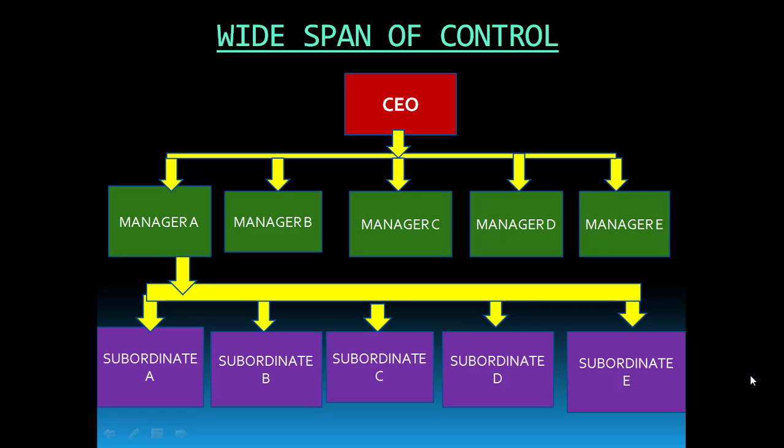So here the span of control is 5 because the CEO is managing 5 subordinates under him. The subordinates for the CEO are the managers, and for the manager also the span of control is 5 because the manager has 5 subordinates under him. So we see the difference between the wide and narrow span of control here. Here there are only 3 hierarchical levels, and in narrow span of control we saw 5 hierarchical levels, right?